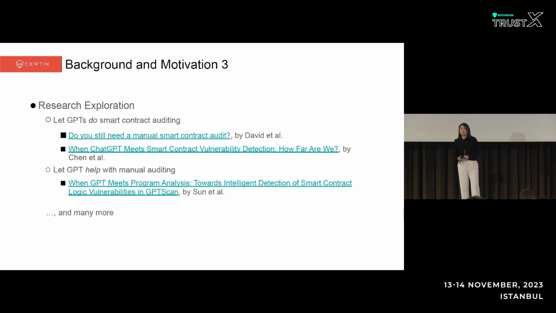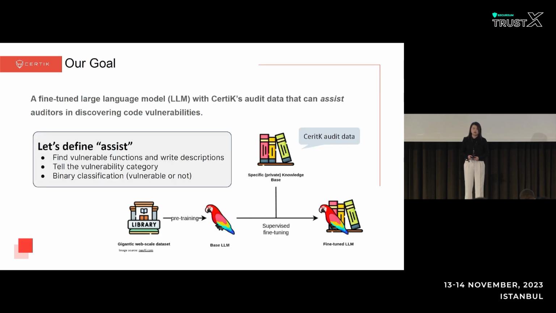The other is letting the GPT help with the manual audit. At Certik, we are more interested in building and fine-tuning a model that can help our security engineers with code discovery. So here is our goal: to obtain a fine-tuned large language model, trained with Certik auditing data, that can assist the auditor in discovering code vulnerabilities.